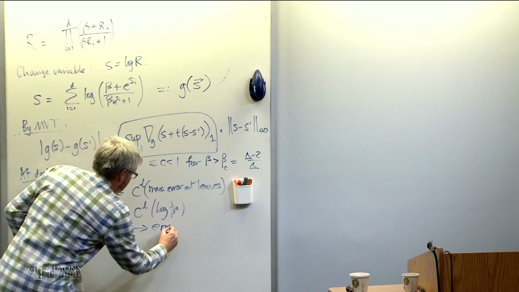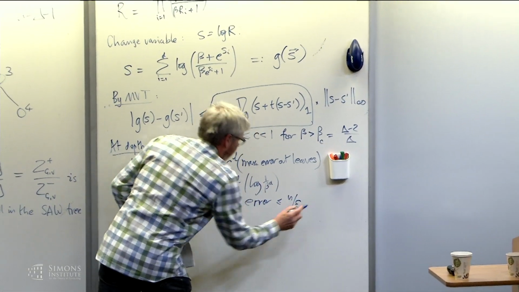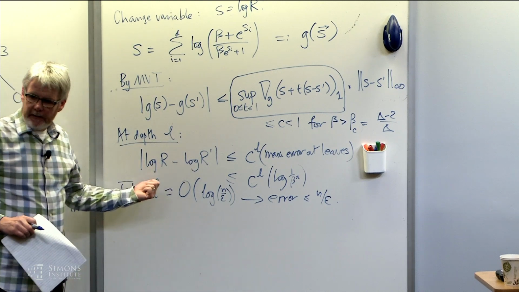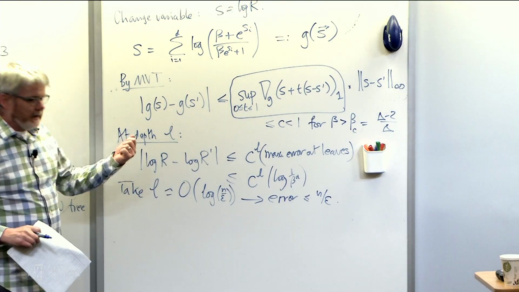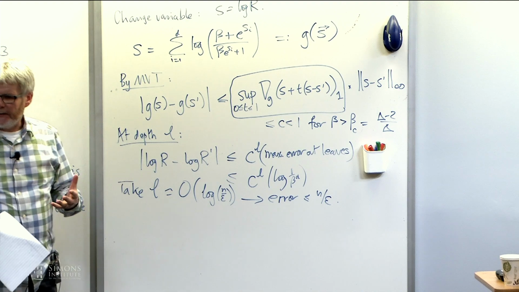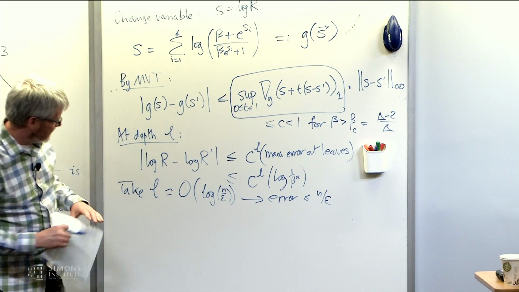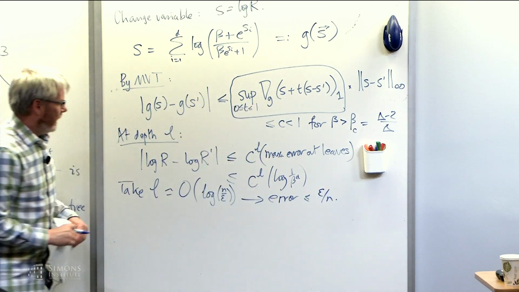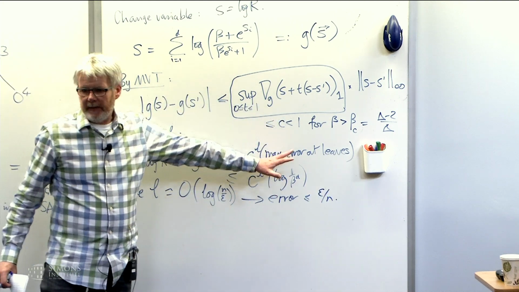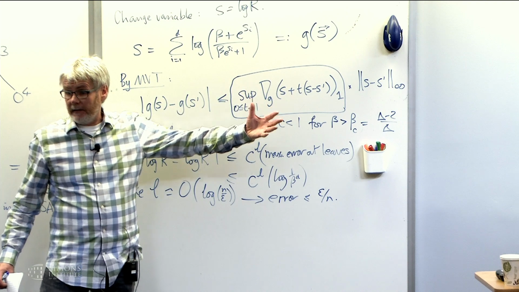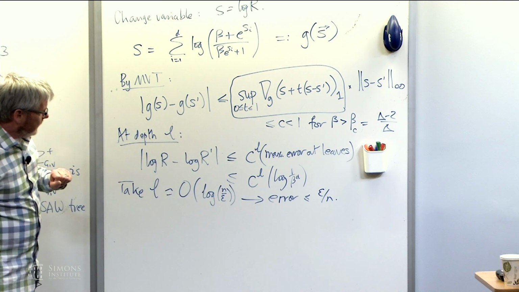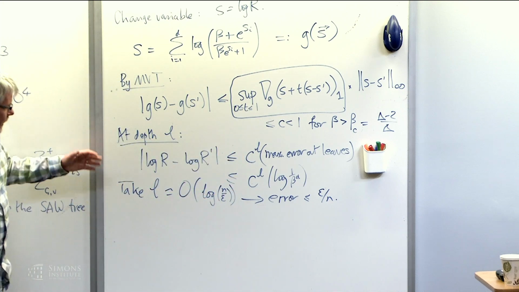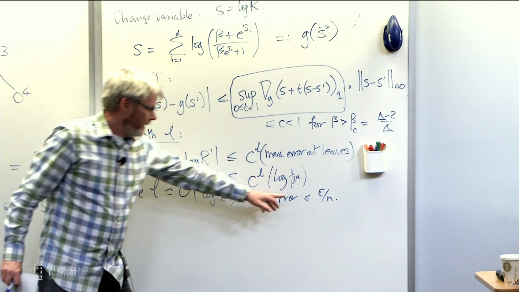Then the error is less than or equal to epsilon over n. So if I've got an epsilon over n error in the logarithm, that translates to a 1 plus or minus epsilon over n multiplicative error in R itself. And from that, using recursion, I can get an estimate of the whole partition function with error about epsilon.